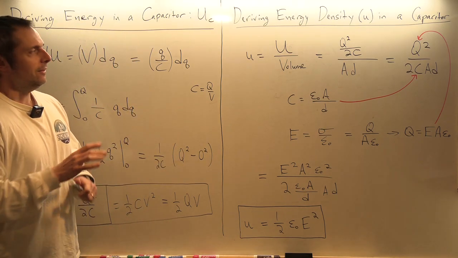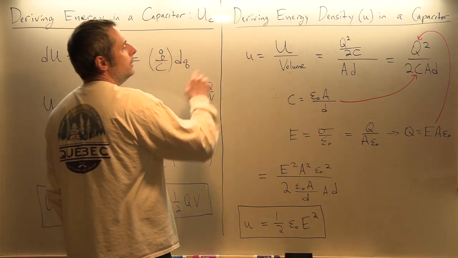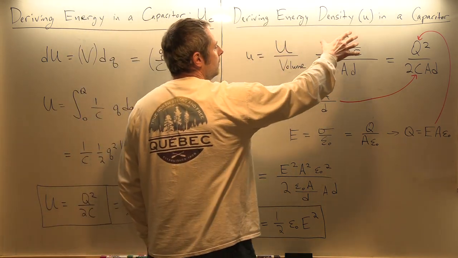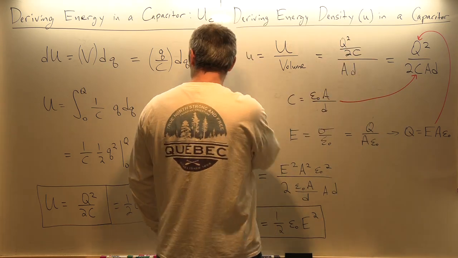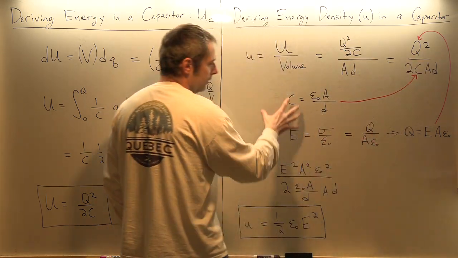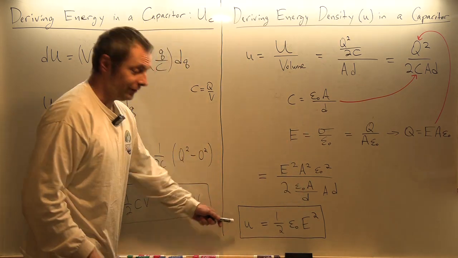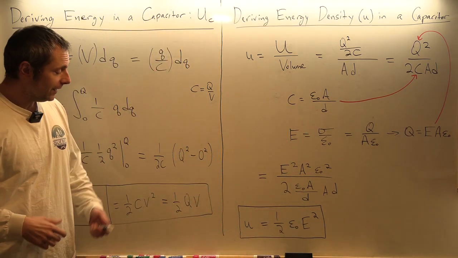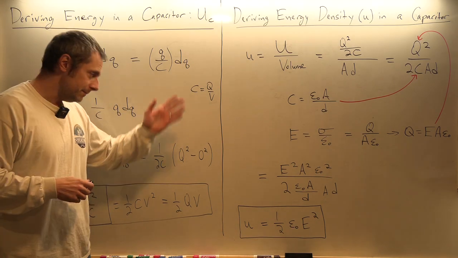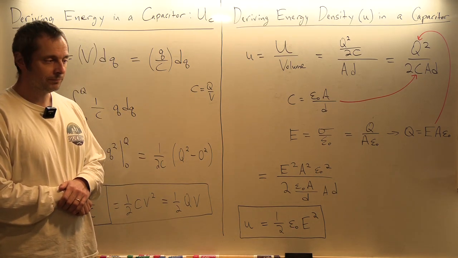But again, this is part of the curriculum. You have to be able to derive this: total energy over total volume, and then you use the expression we got over here, and then get rid of the C and the Q with electric field and capacitance, and it'll simplify to that, okay? So basically, if that comes up, that's what you have to be able to do.